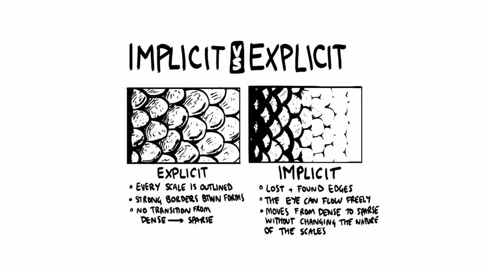So if we were to erase a whole scale from this, that scale is now gone because every single thing that we have drawn is what's present and nothing else is there. We've made that agreement with the viewer.